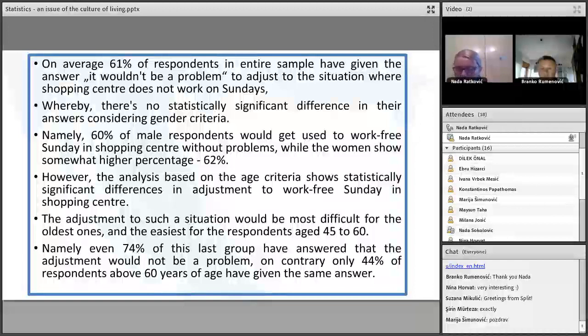The women something a little higher, 62%. Namely, 74% of this last group have answered that it would not be a problem. On the contrary, only 44% above 60 years of age have given the same answer.